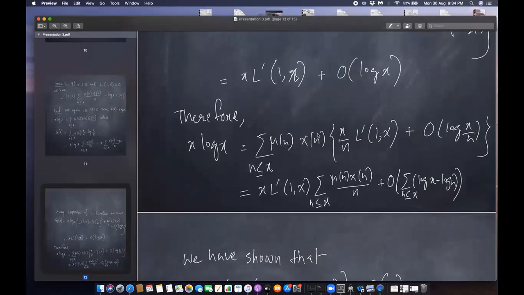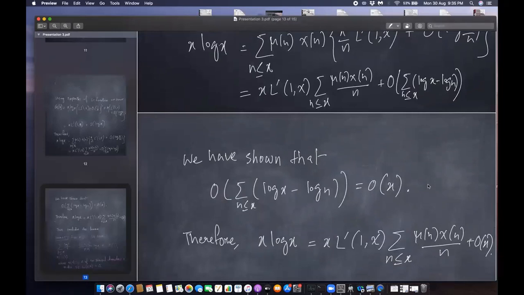Here also note that for mu of n and chi of n, the absolute values of these two functions are 1. So here we can bound this by 1. So here we have chi of x minus log of x minus log of x.